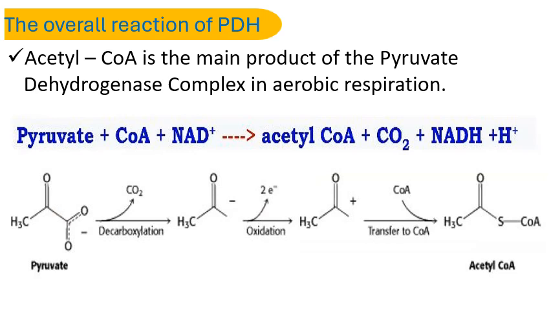For us to note again, decarboxylation of pyruvate occurs, you have your oxidation removing two electrons, and then you have the transfer of the hydroxyethyl group to CoA, and then the formation of the acetyl-CoA is done.